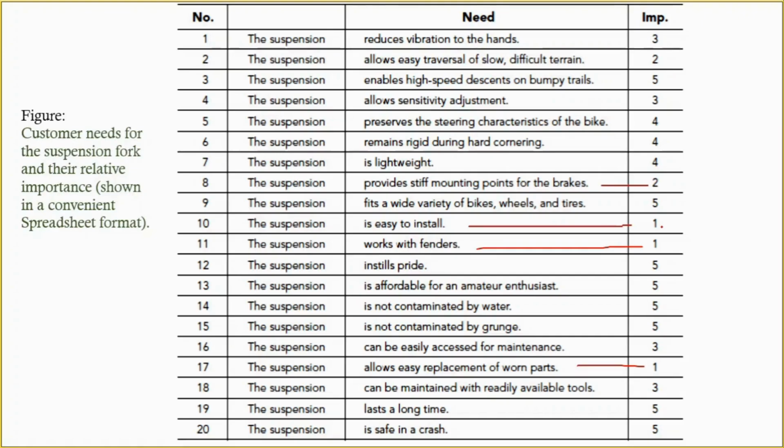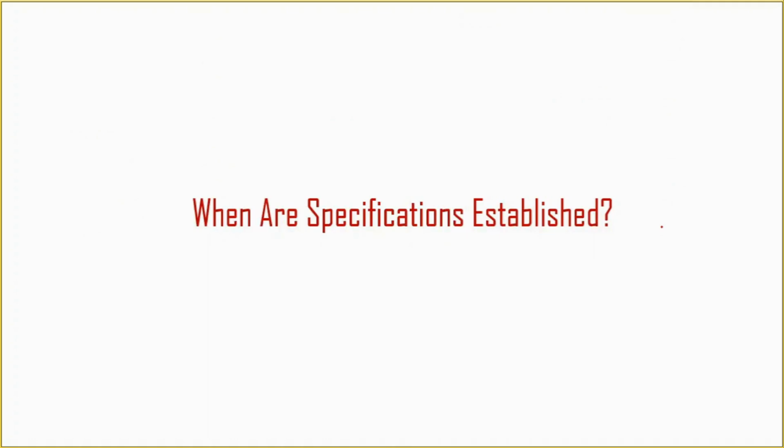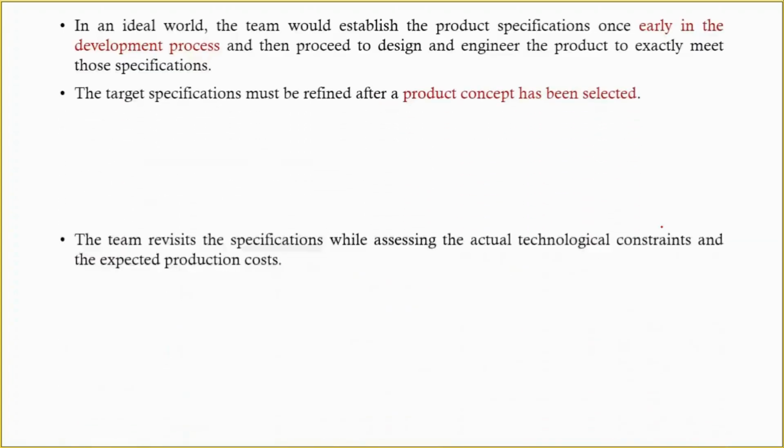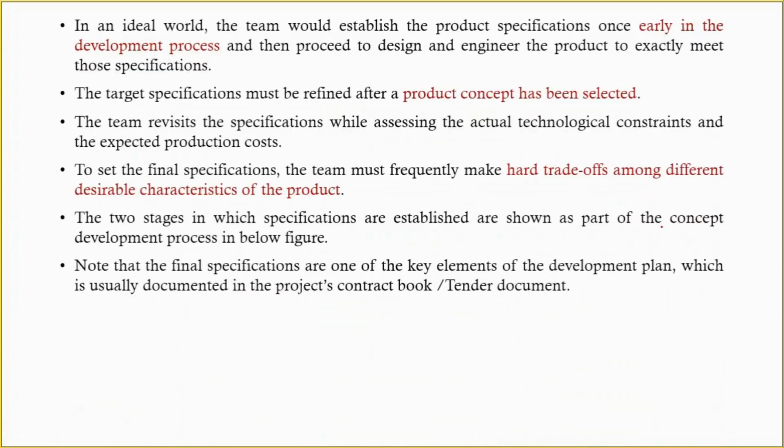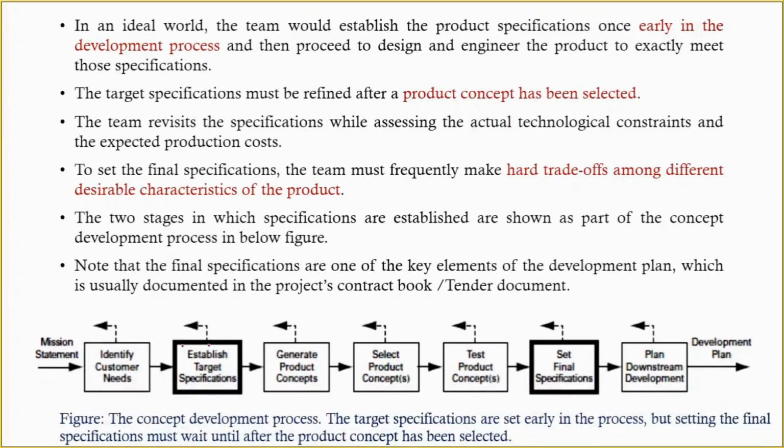Where are we developing this specification, or when is the specification established? When we are developing the product, I'll show you one picture. When we identify the customer needs, that is our first step. Based upon the identification of the customer needs, we establish the target specification.